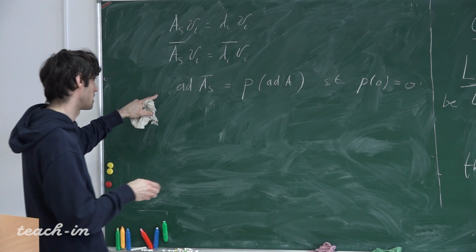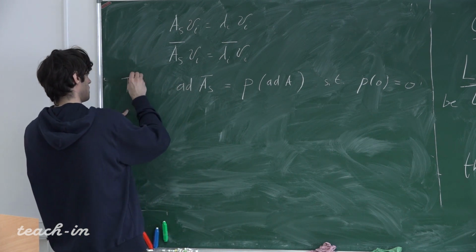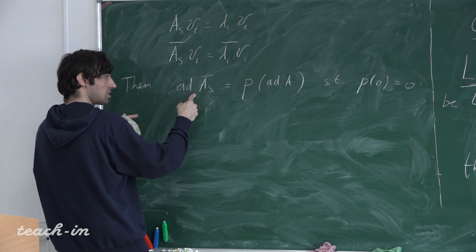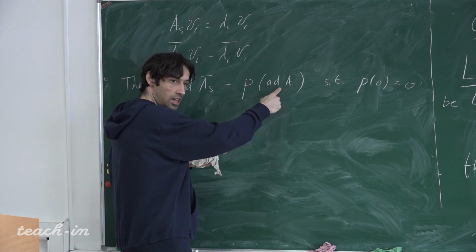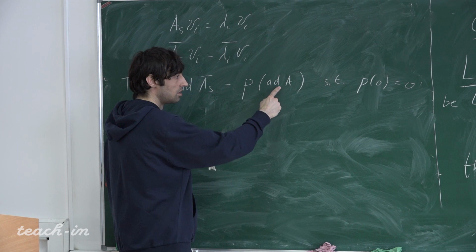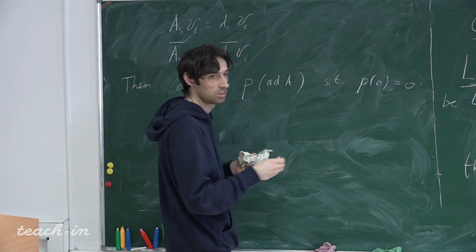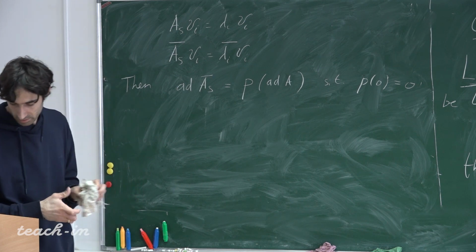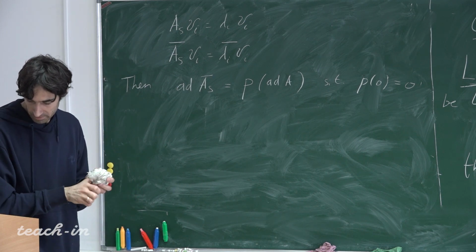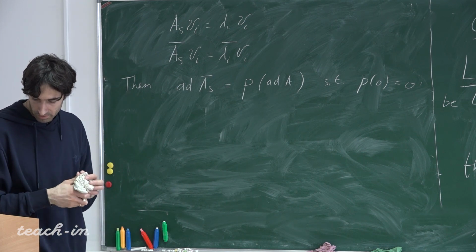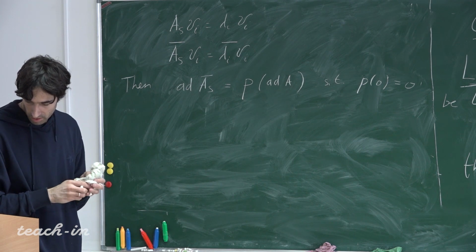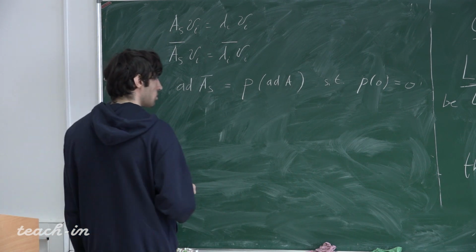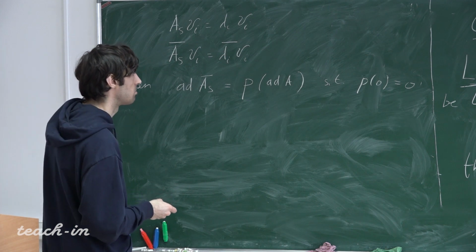Yeah, this is the statement. Then this is a polynomial of ad A, where this polynomial has no constant term. All right, so this is justified by the following.